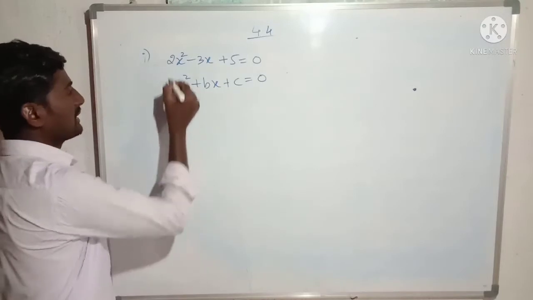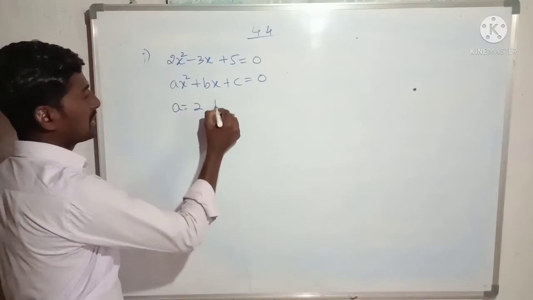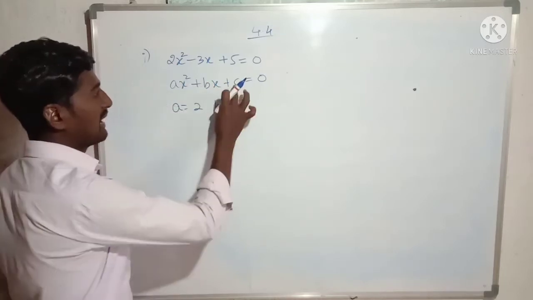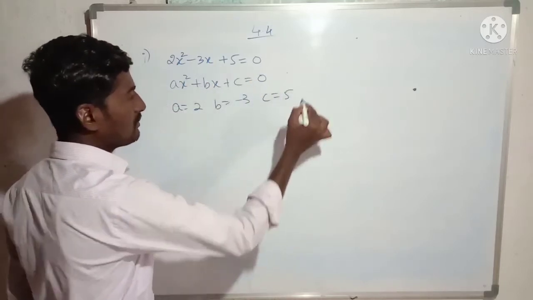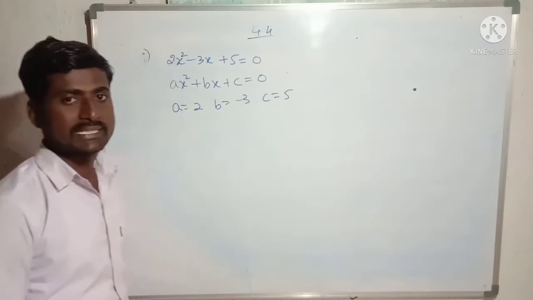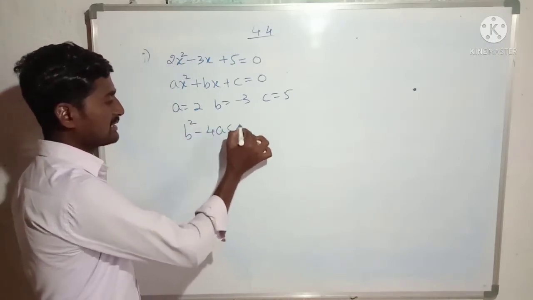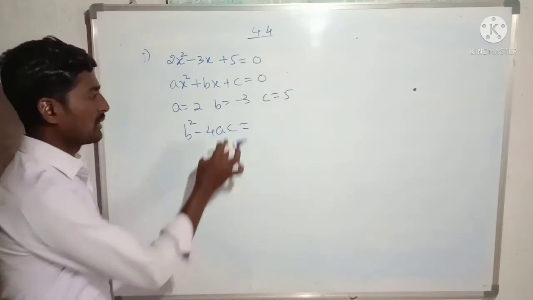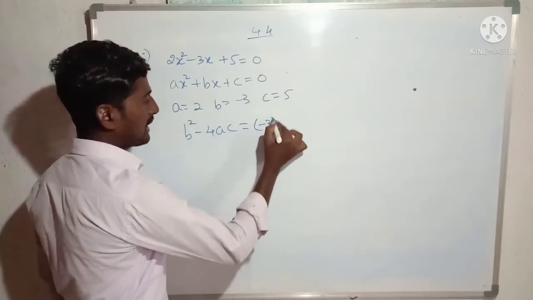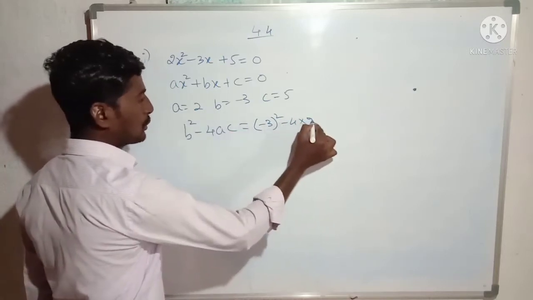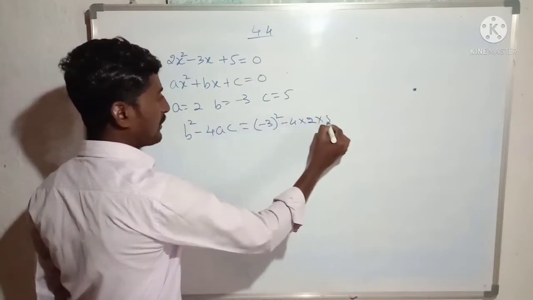Here the a value is plus 2, the b value is minus 3, not plus 3, and the c value is 5. Now let us find the discriminant: b square minus 4ac is equal to minus 3 square minus 4 into 2 into 5.